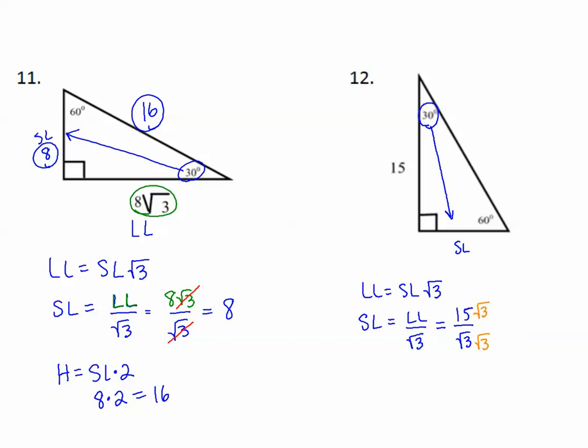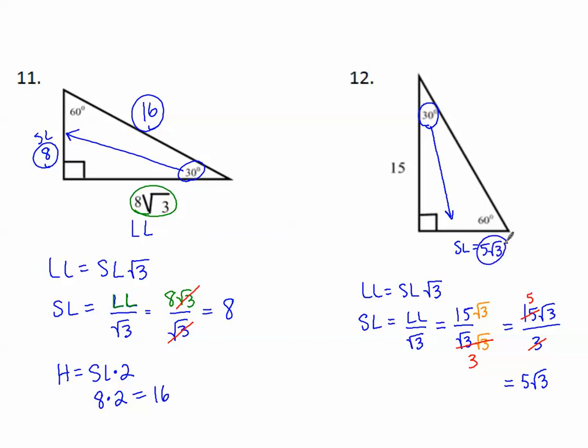Why do I do that? Square root of 3 times square root of 3 is just 3. So where does this leave me? 15 square root of 3 over 3. But the numbers both outside of the radical divide into each other. 3 goes into 15 5 times, and I'm left with 5 radical 3. My short leg is 5 radical 3.